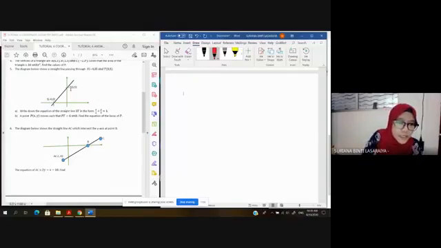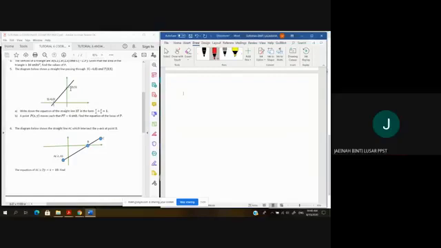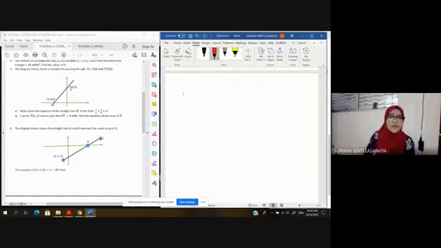A point P(x, y) moves such that PT equals to 6 unit. Find the equation of the locus of P. Ini macam mana ni? Ini adalah locus, dia begini kan? Okay, so question number 5 ini, dia kan bagi kamu equation ini.